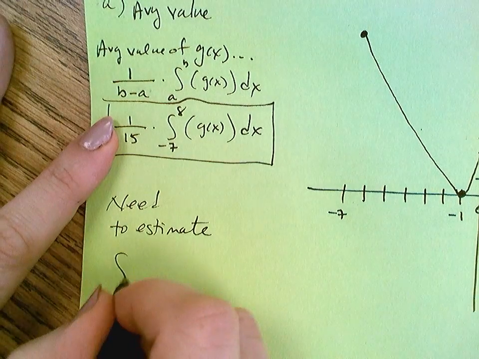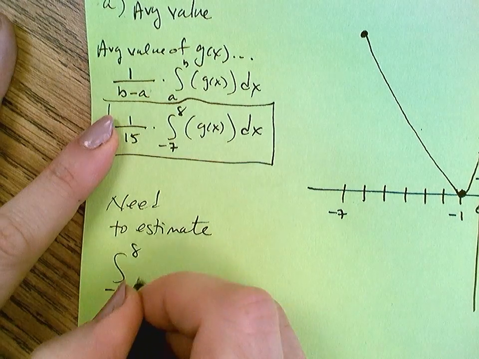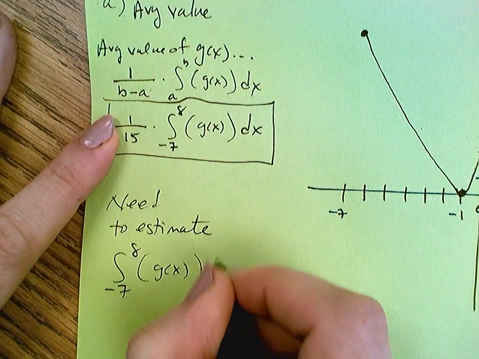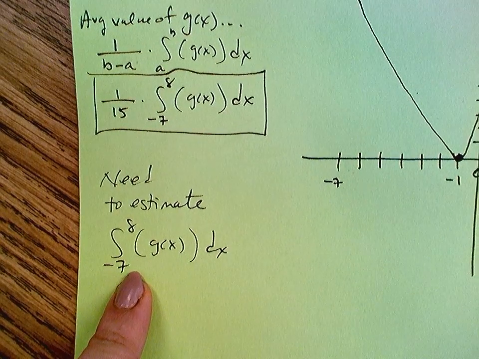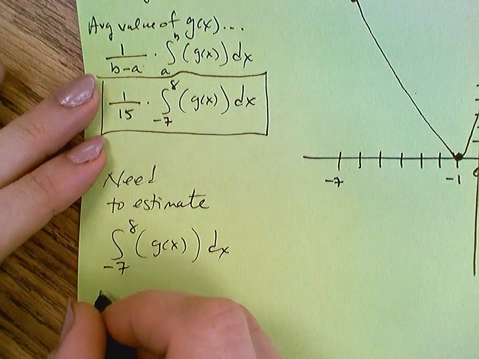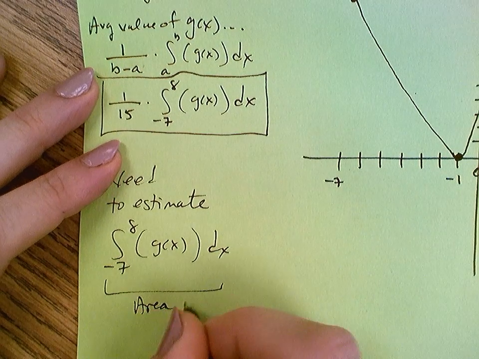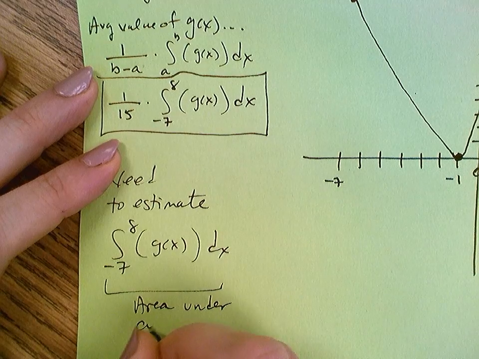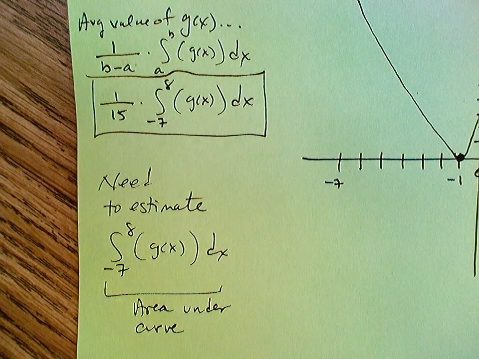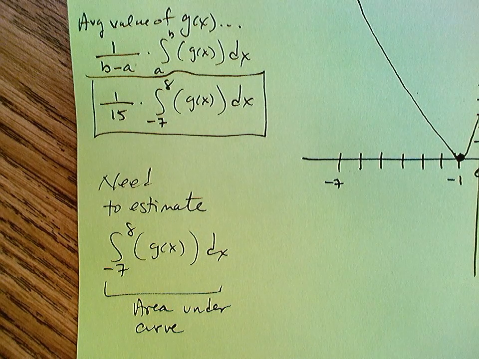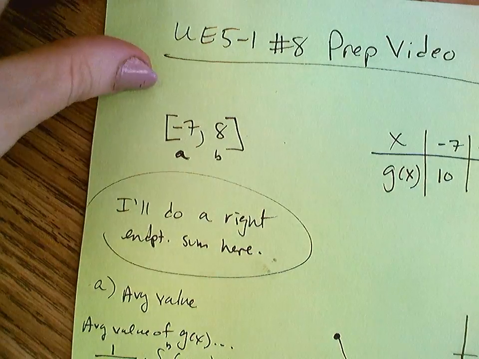I need to estimate this. And what is this? This is the area under the curve. So that's what I'm estimating, and the directions are telling me to use a right endpoint sum.